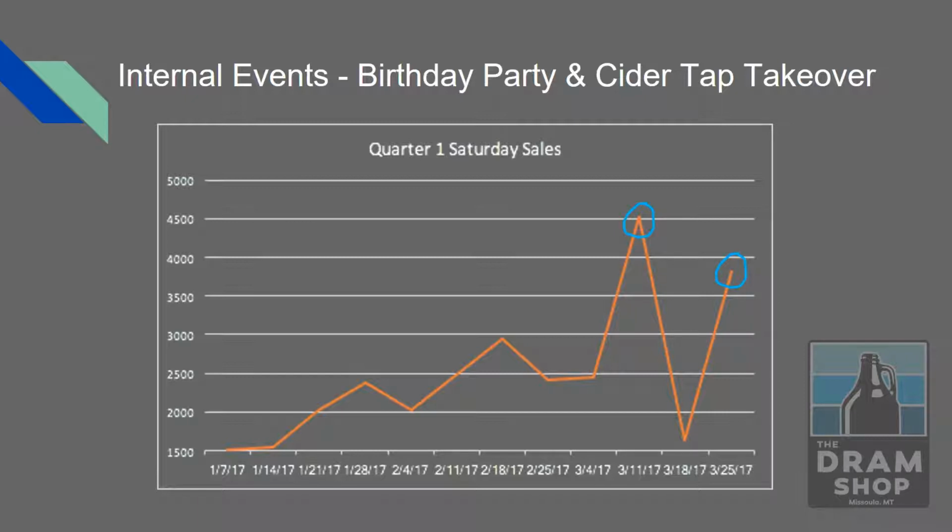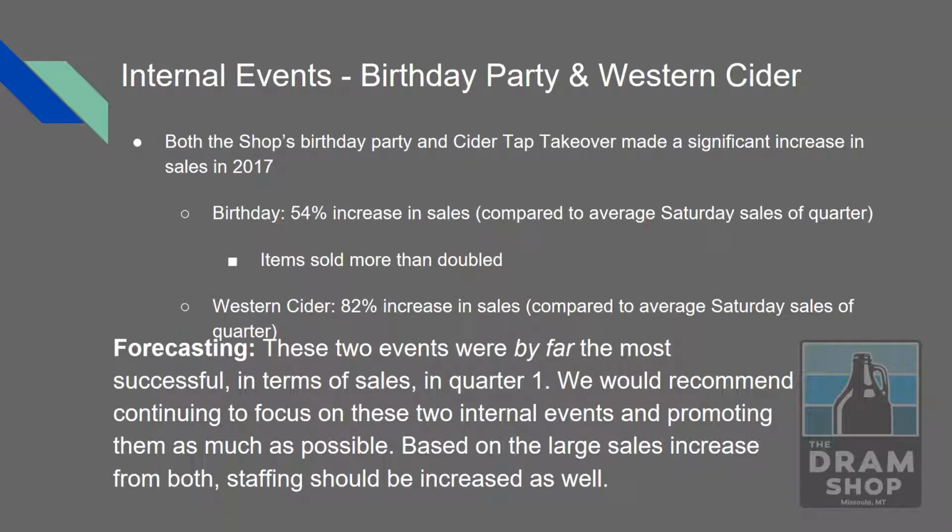On the 11th, right here, it was the Western Cider Tap takeover, and on the 25th, it was the Dram Shop's birthday party. We think that these two events were the most successful. The birthday party showed a 54% increase in sales, and the Western Cider event showed an 82% increase in sales compared to the average Saturday of that quarter.